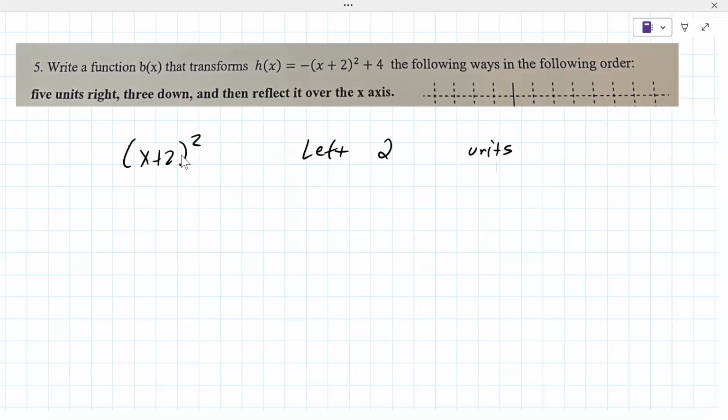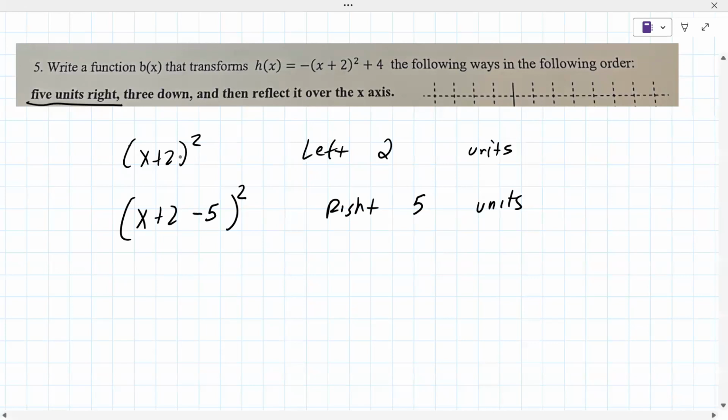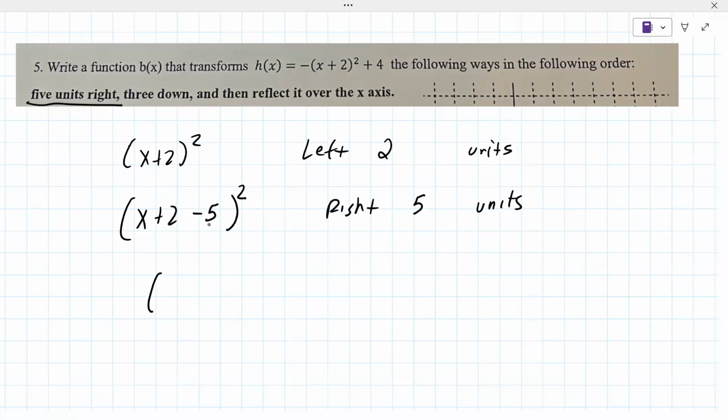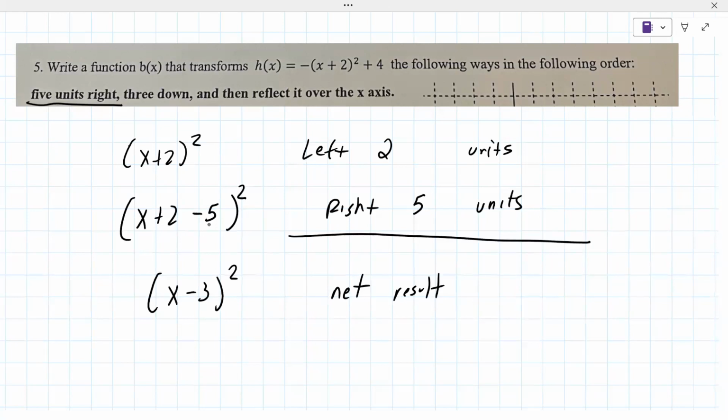But to go right 5, you are going to subtract 5 in there. That's right. Because it's already left, you're going left 2 and then right 5. So this becomes x minus 3 squared. So the net result of doing them both is right 3 units.